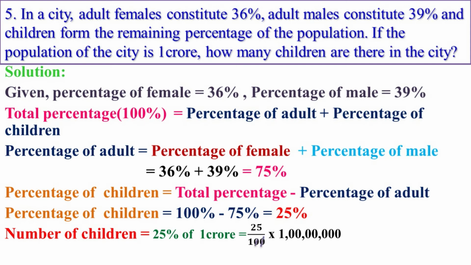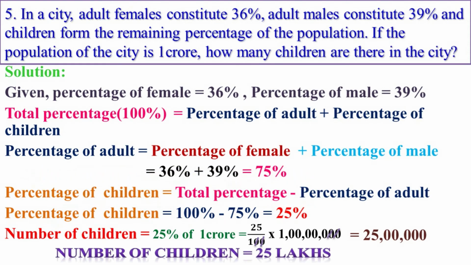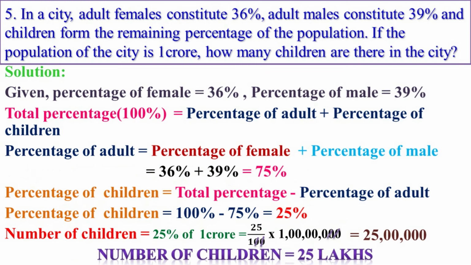Now the zeros get cancelled. 2 zeros are cancelled in 100 and 2 in the crore. What is the remaining here? 25 into 1 lakh. On multiplying these two, we get 25 lakh. Therefore, the number of children in the city is equal to 25 lakhs.